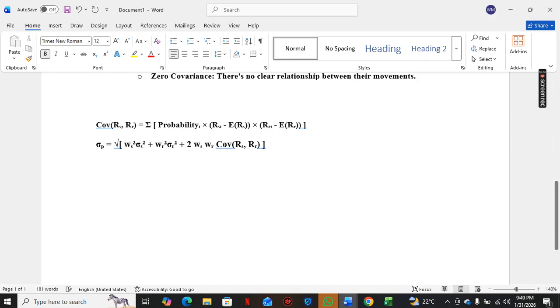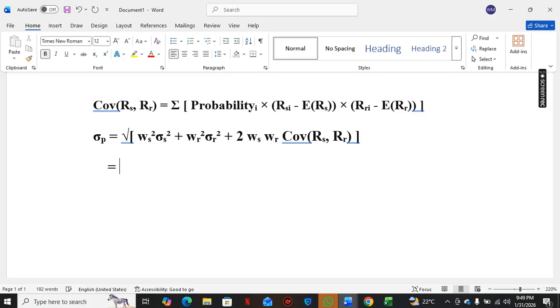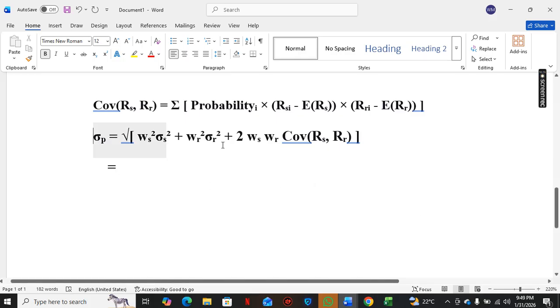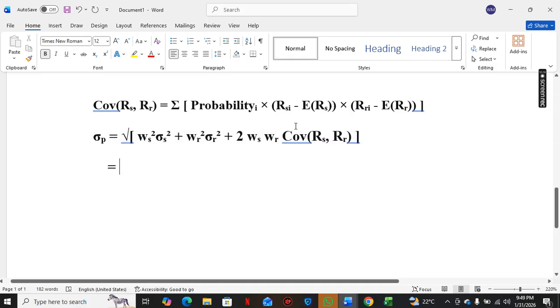What this formula is saying in English, because it's in Greek here, let me translate it into English.